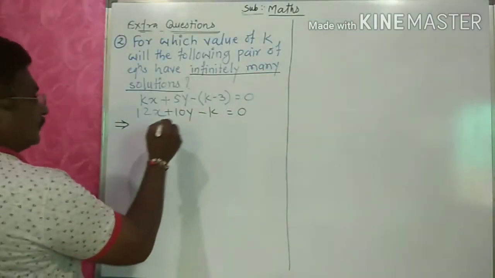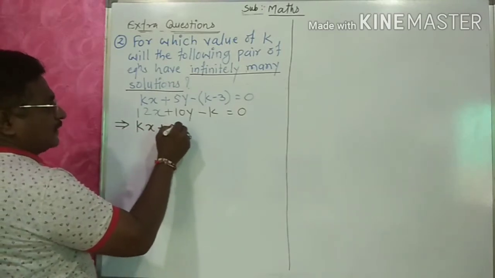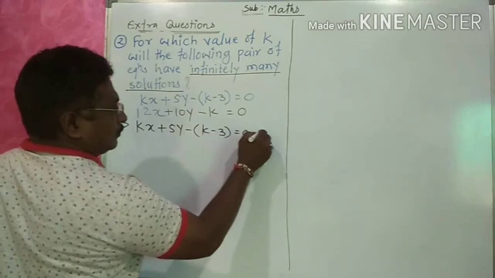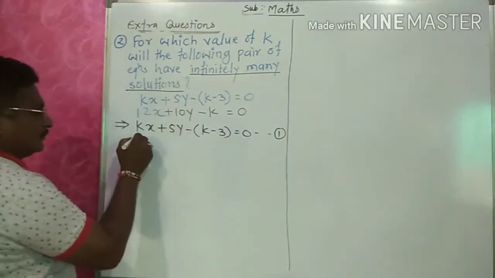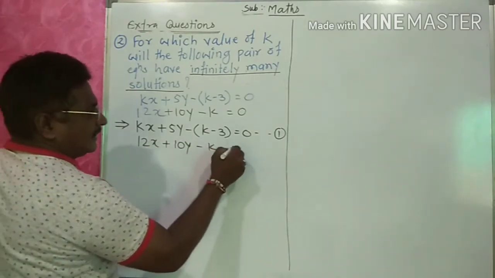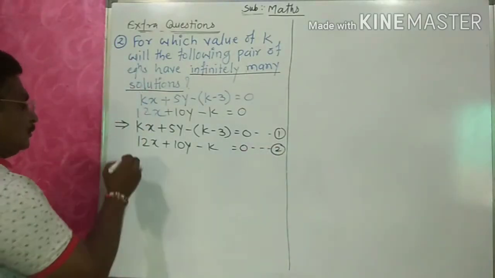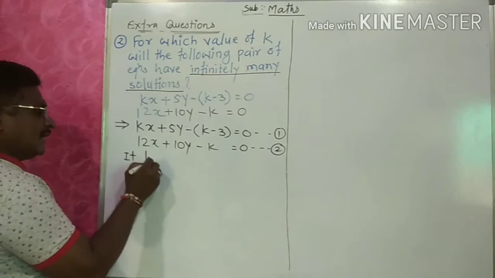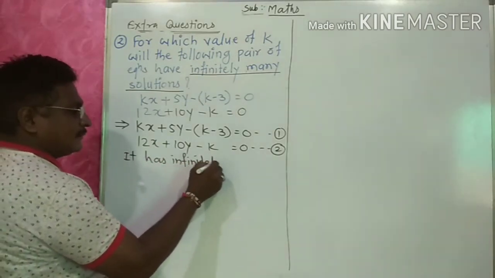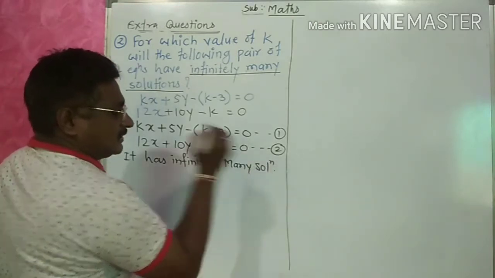So here, kx plus 5y minus k minus 3 equals 0, equation 1. 12x plus 10y minus k equals 0, equation 2. So now it has infinitely many solutions. The condition is given.